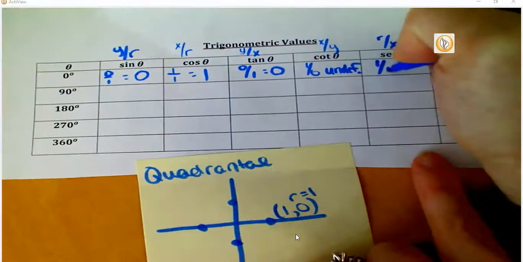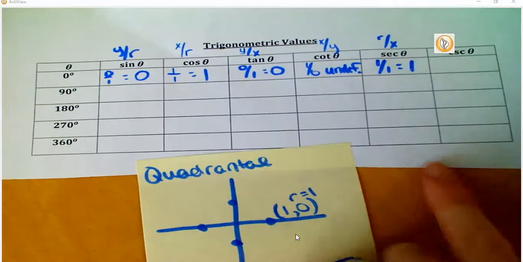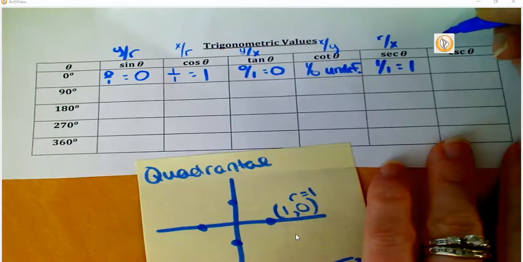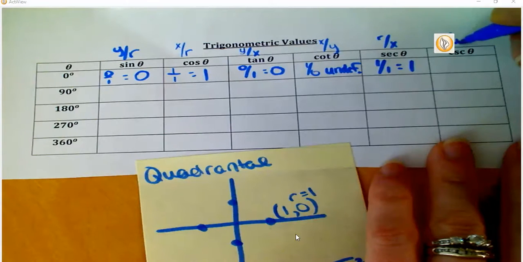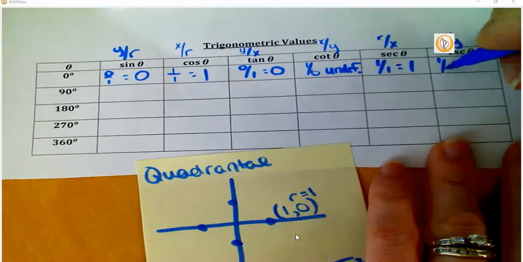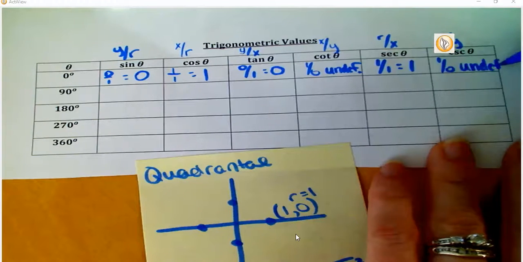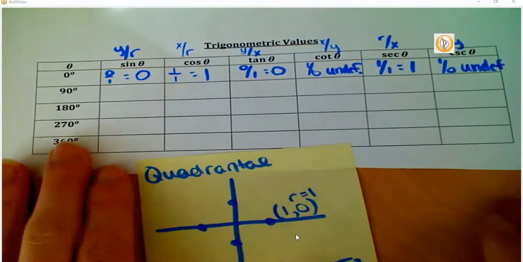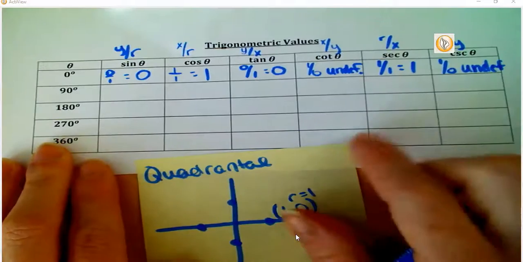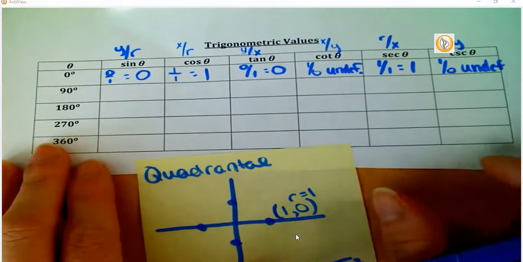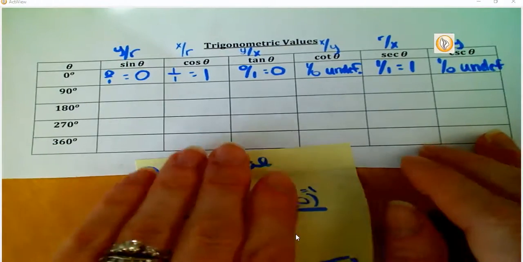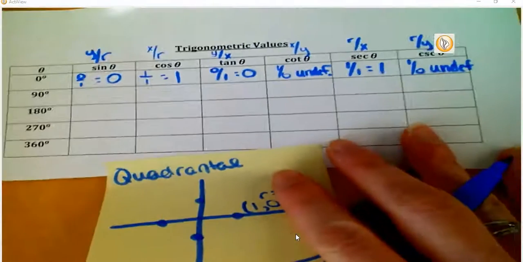R is 1, x is 1, so 1 divided by 1 is 1. Cosecant is the reciprocal of sine, so r divided by y, so 1 divided by 0 is undefined. All right. Does everybody understand how I got those values?